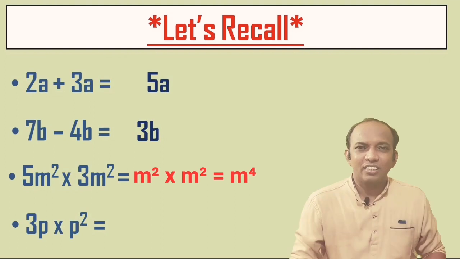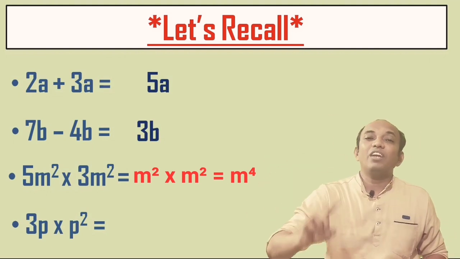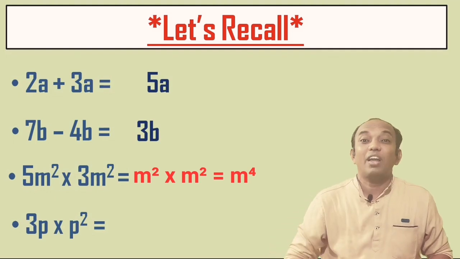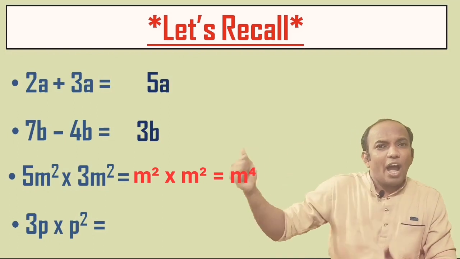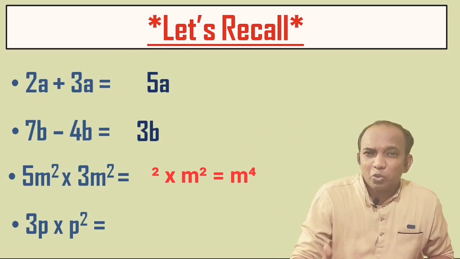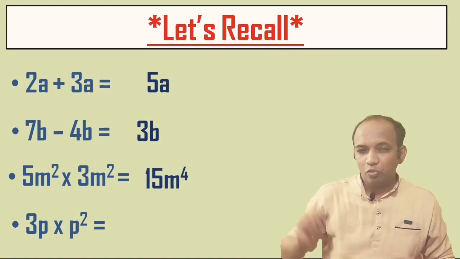According to rules of indices, if base is same, over here base is m, then we have to add the power, we have to add the indices. So over here when you add 2 plus 2, what do you get? Yes, it is 4, and that is why my answer is 15 m raised to 4.